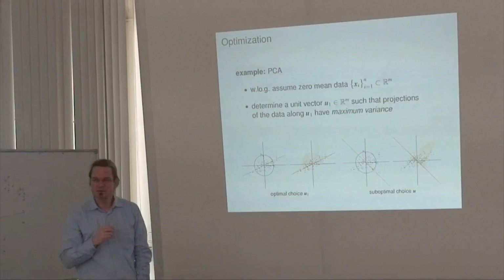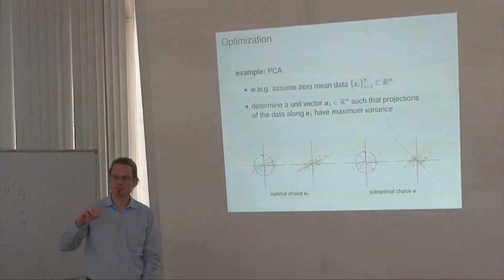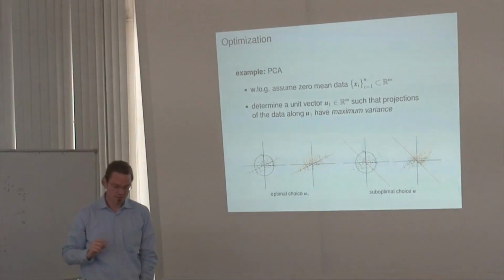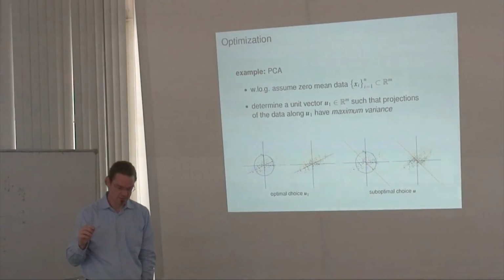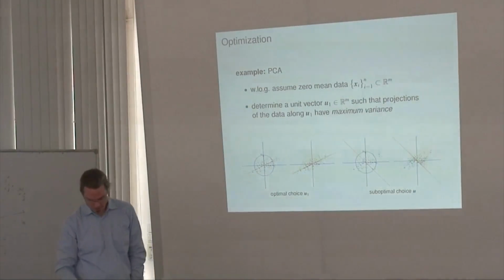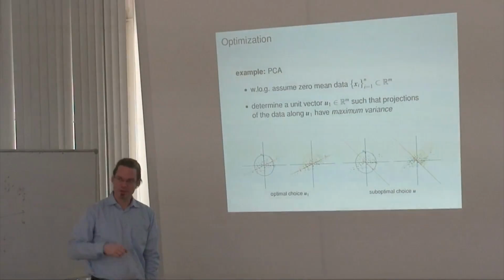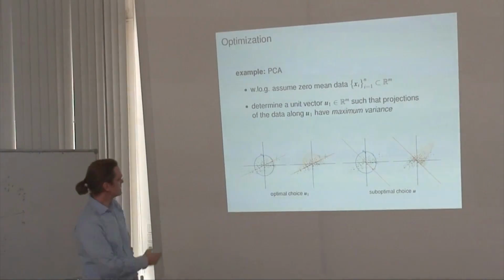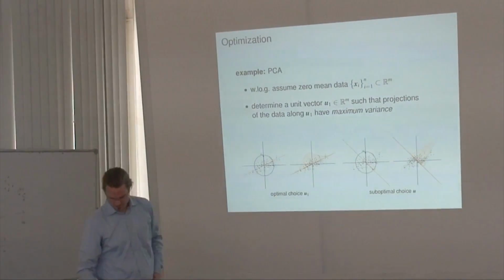This is exactly the property, one of the properties I should say, that defines the first principal axis of a given set of data. So here we want to look for a vector u1 that has this property.